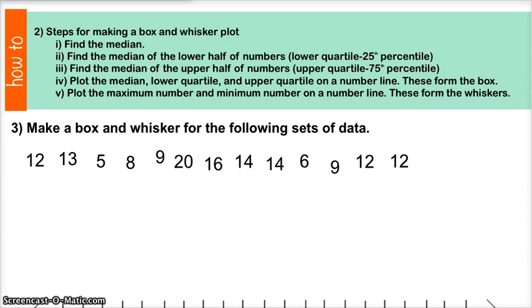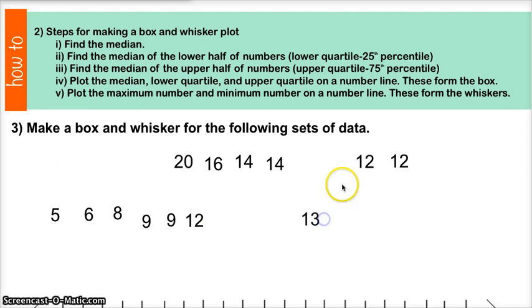All right, steps for making a box and whisker. The first one is to find the median. In order to find the median, we have to arrange the data from lowest to highest. So let's take a second and arrange it from the lowest value up to the highest value. Let's see, I have a couple of 12s. That 13 can go down here.